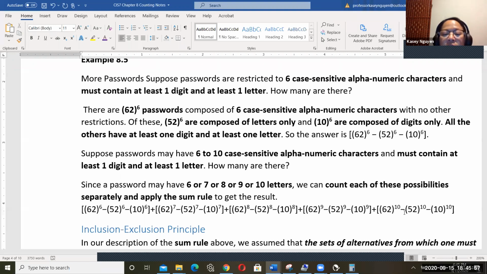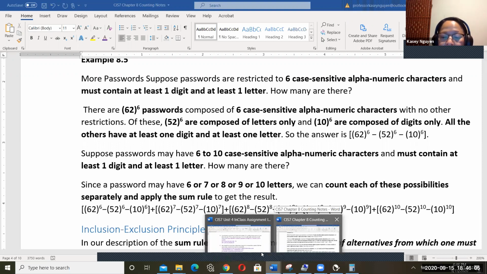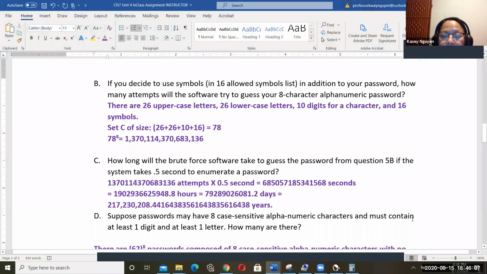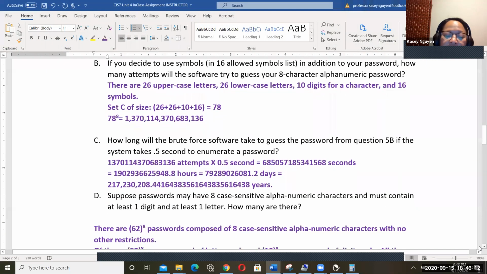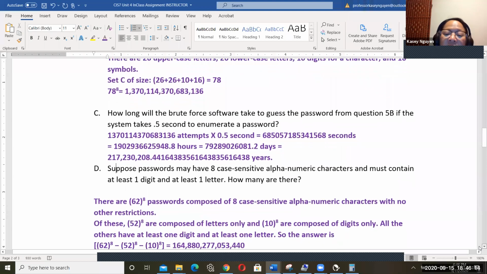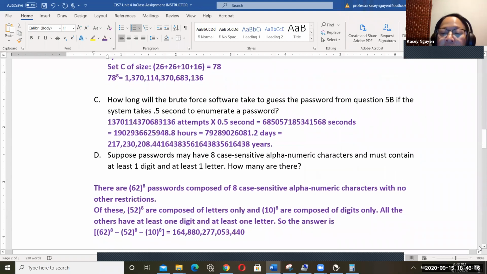Okay, any question? So going back here to our assignment, for 5D, it says, suppose the password has 8 case-sensitive alphanumeric characters that must contain 1 digit and 1 letter.